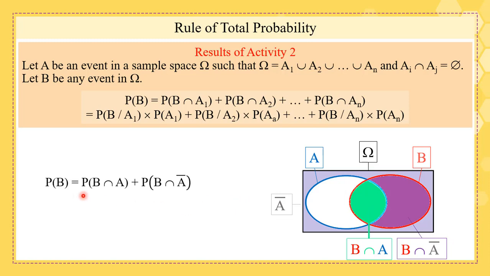Now from here we can say that the probability of B is the probability of B intersection A, which is the green area here, plus the probability of B intersection A bar, which is the purple area. So the probability of B, the whole B, is going to be B intersection A plus B intersection A bar. And this could also be written as P of B given A times P of A plus P of B given A bar times P of A bar using the conditional probability property.